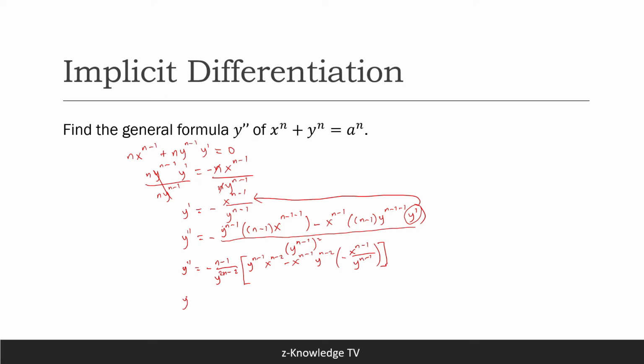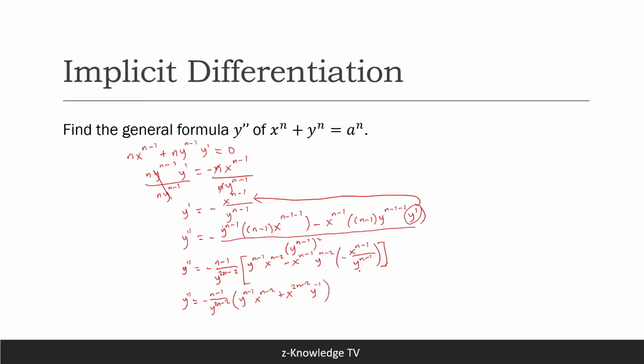So, mangyari, y double prime is equal to minus n minus 1 over y raised to 2n minus 2. Okay? Multiplied by y n minus 1 x n minus 2. Then plus x raised to 2n minus 2 y raised to negative 1.